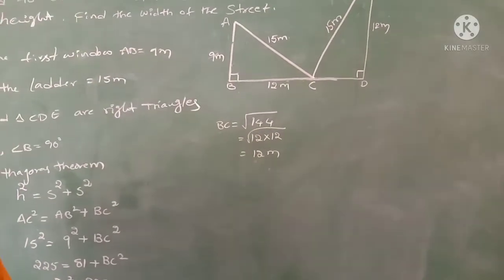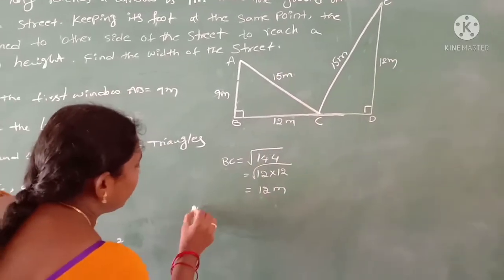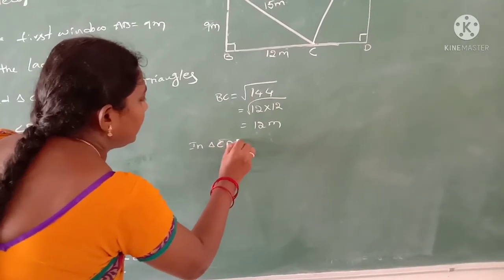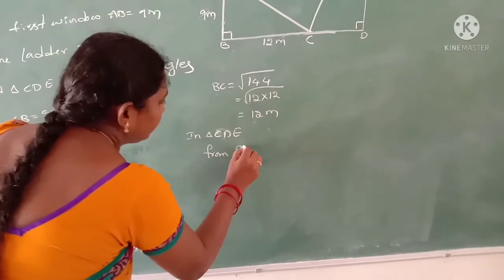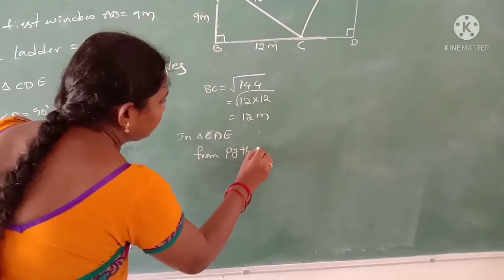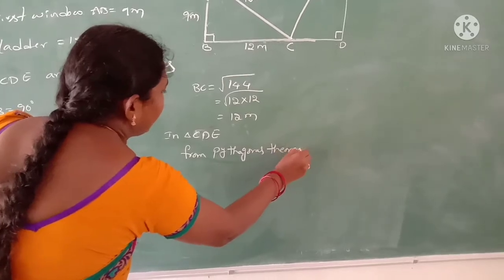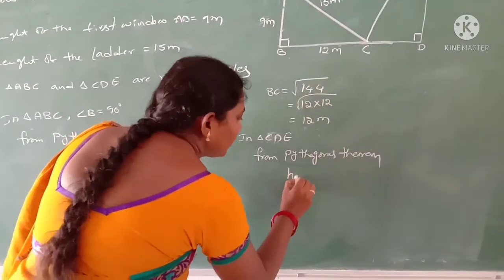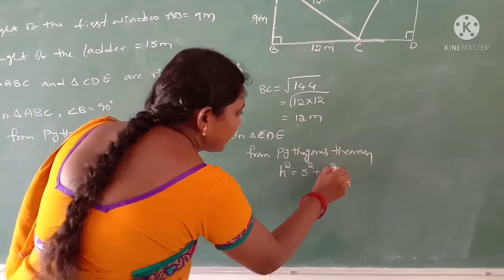Next take the right angle triangle CDE. In triangle CDE, from the Pythagoras theorem, what is the Pythagoras theorem? Hypotenuse square equals side square plus side square.